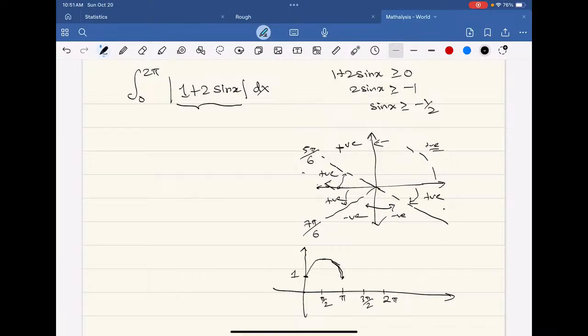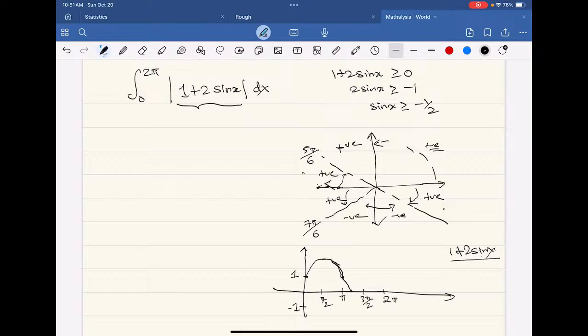Okay. Now over here, up to this point, 7 pi by 6, there's no problem, right? And actually this is supposed to now go like this. If you just see the graph of 1 plus 2 sine x first, this will go up to -1, right?